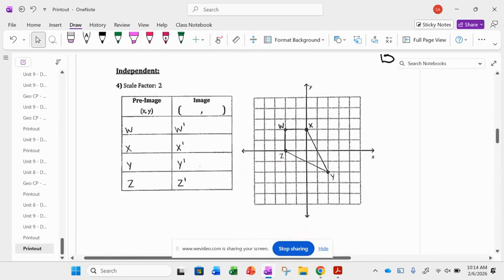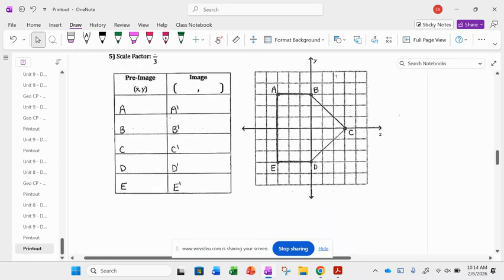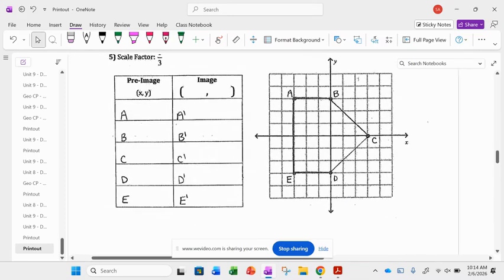All right, we're going to skip independent number 4. I want you to try independent number 5. I'll write out the pre-image coordinates for you.